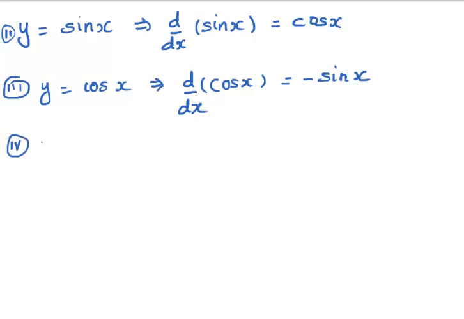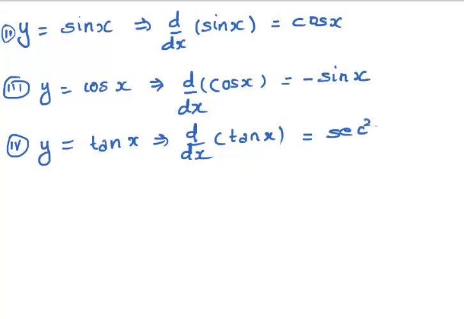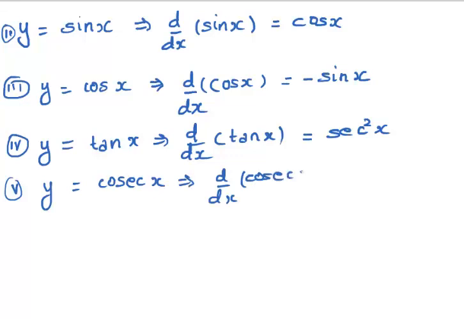Suppose the function is y equal to tan x, then the differentiation of tan x with respect to x, you must remember, is equal to sec square x. If y is equal to, let's say, cosec of x, then its differentiation of cosec x is equal to minus cosec x into cot x.